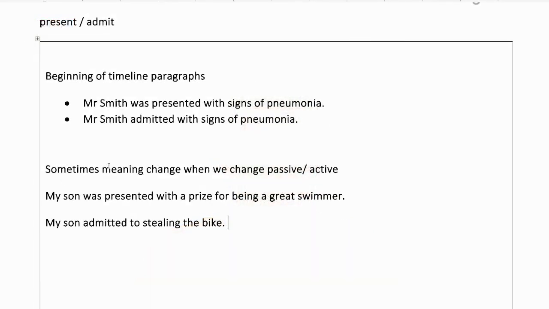So we can see, can't we, that putting it between passive and active changes the meanings. So what we want to do is take away the verb to be and stop it from being passive, and we want it to be active for the word presented. And for admitted, we want it to be passive, because now it's a different meaning.